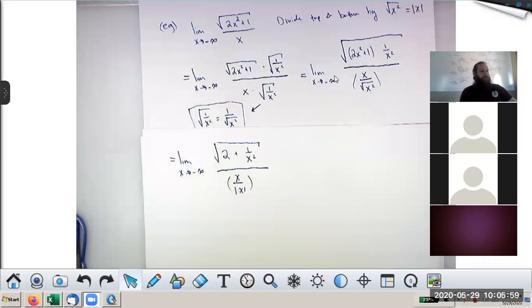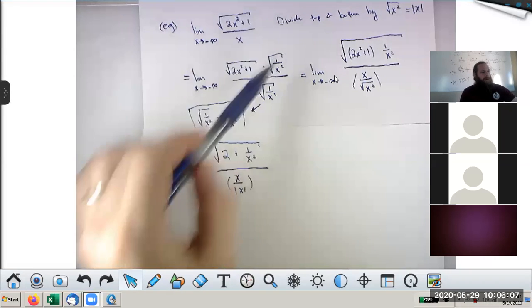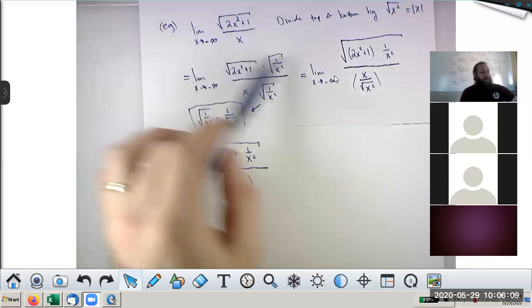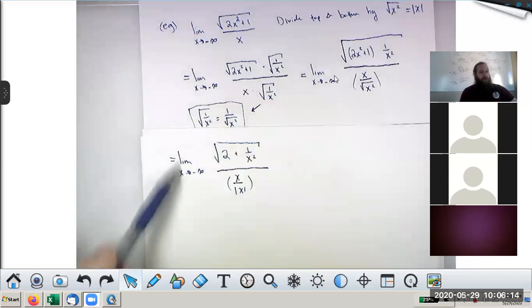So what I would like you to write as steps for solving the problem are the things that I just identified as steps. We write down the problem, and then my first step would be just this, my second step would be just this, and then my third step would be this. It is a law that the square root of x squared is the absolute value of x. That is true.